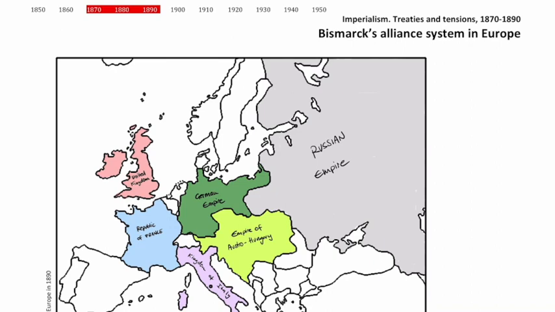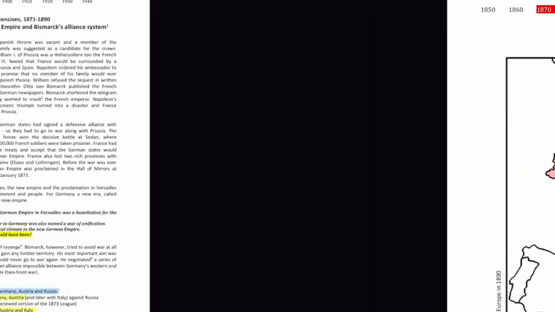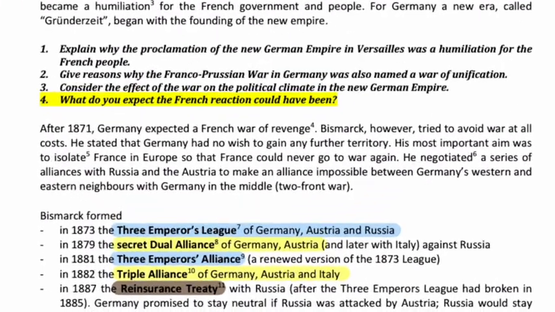Now we can distinguish between the different nations here. And our task was to look at the different alliances that the German Chancellor Bismarck formed. So to do that, we just look briefly at our worksheet, which is here.